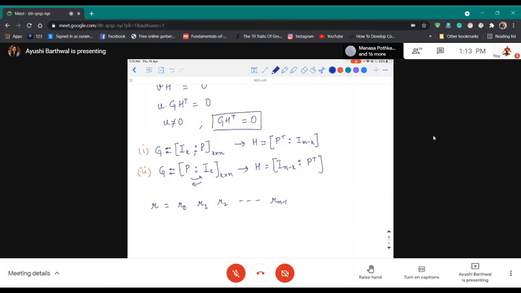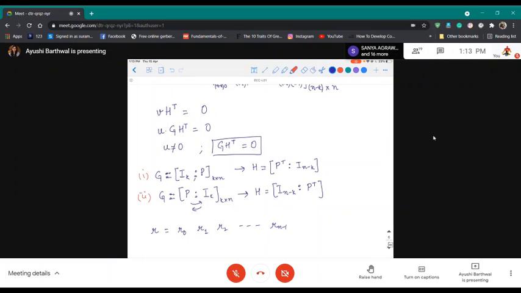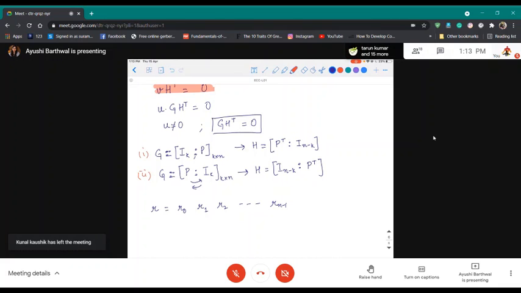Now you know that if it is a valid code word, V into H transpose should be equal to 0, and R will be one of the rows of the valid code word V. So if you multiply this received vector with the transpose of H, and if you get the answer as 0, this means your transmission was error free.